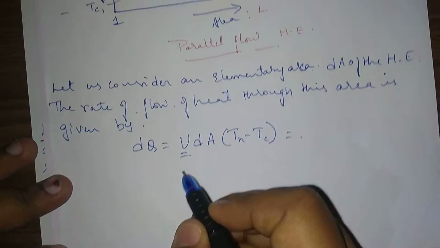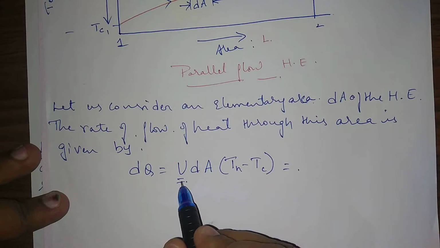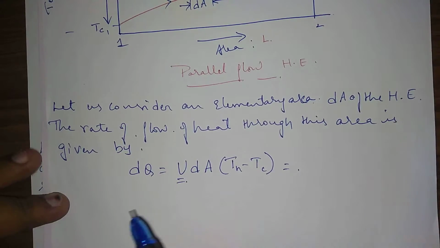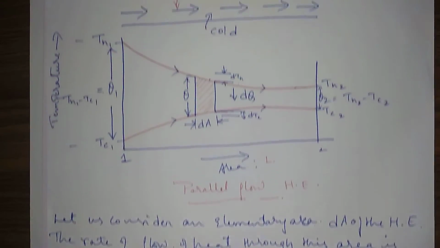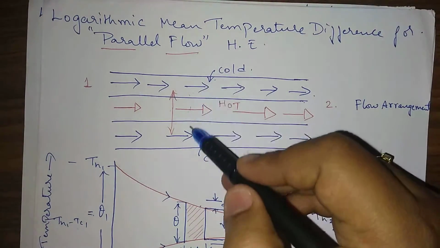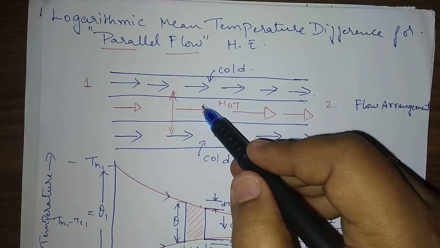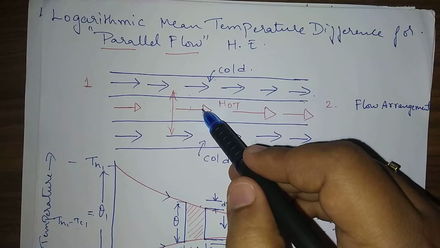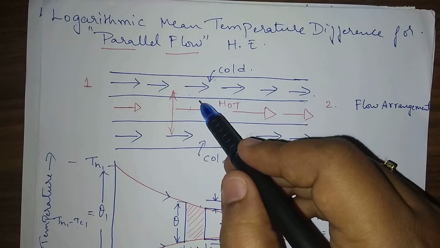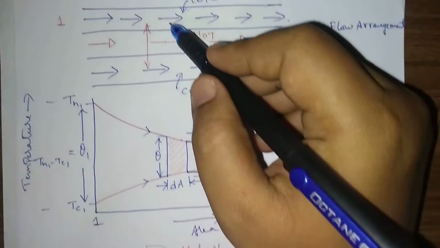You understood? This U is nothing but the overall heat transfer coefficient, which you have already studied in convection or conduction heat transfer analysis. Whenever heat transfer happens between two different fluids separated by a solid layer, you need to consider the overall heat transfer coefficient.